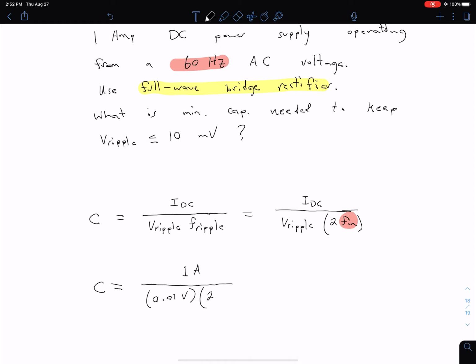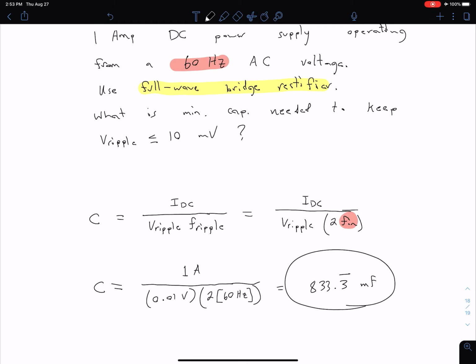And for our frequency, we have 2 times our input frequency of 60 hertz. Plugging that in, we get 833.3 millifarads. This is, of course, an extremely large capacitor.